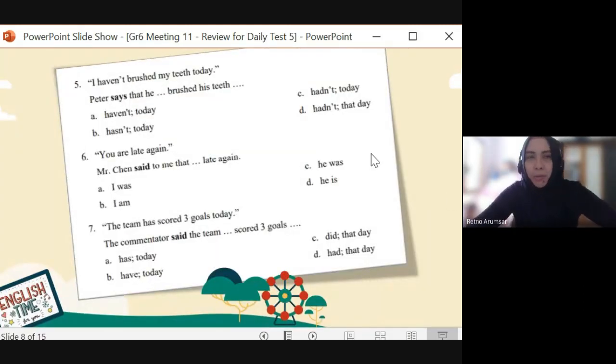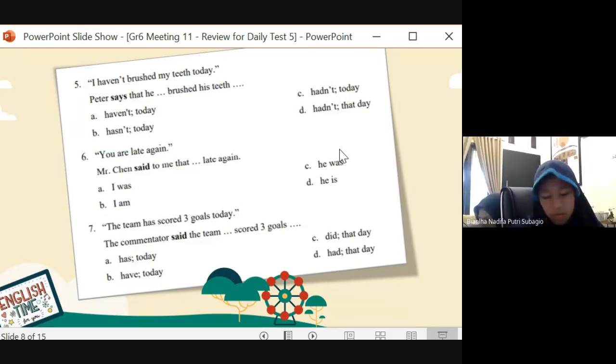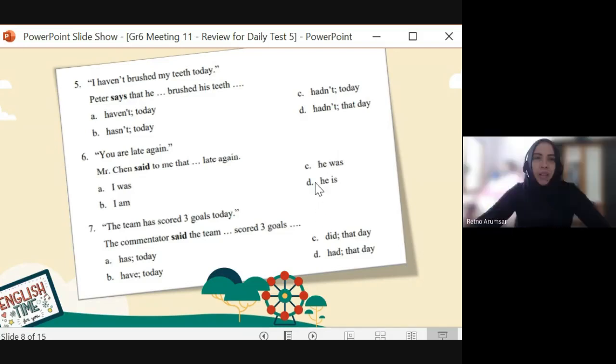Okay, next, number five. Let's go to Bianla. "I haven't brushed my teeth today." Peter said that he hadn't brushed his teeth that day. Are you sure about that? Look at this. Says. It means that it is in the present. If it is in the present, you don't change the verb into the past.